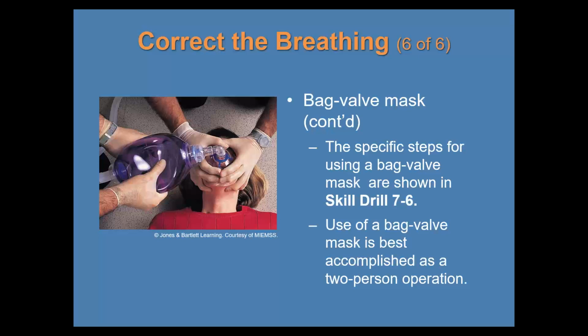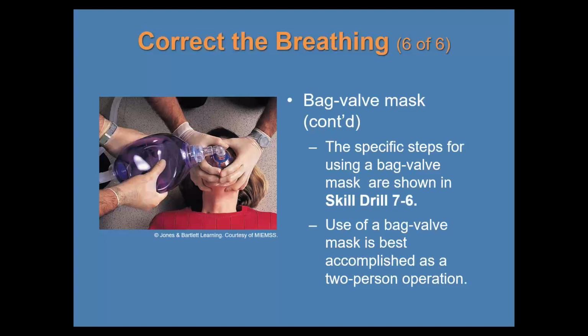Depending on what the patient's like and what the scene is like, you could have blood, body fluids, things like that all over the bag and the mask. It really just depends, but you could have a lot of different variables that make it difficult. So you just have to work through it and try to provide a good seal. If you need to wipe the patient's face of blood or body fluids, wipe their face with a towel real quick.